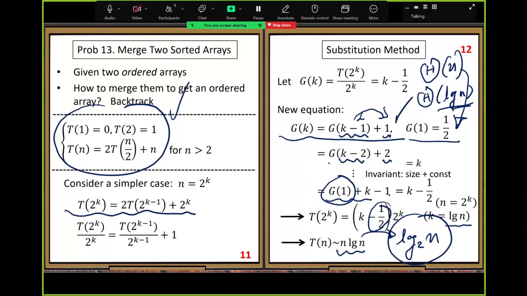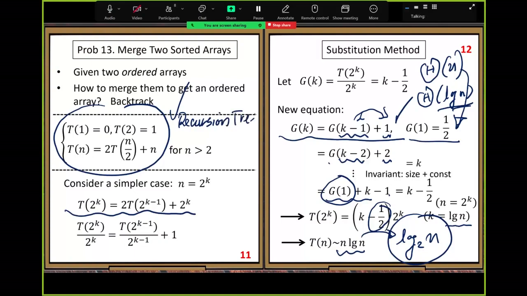So what I want to say, in order to save time, based on my plan, I need to show you the recursion tree method.